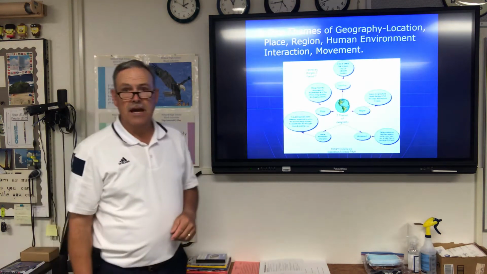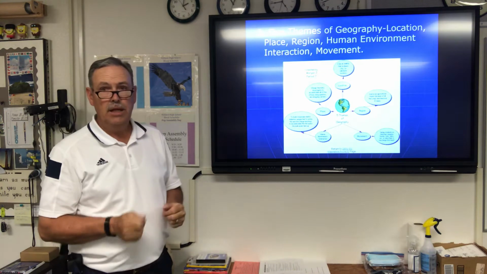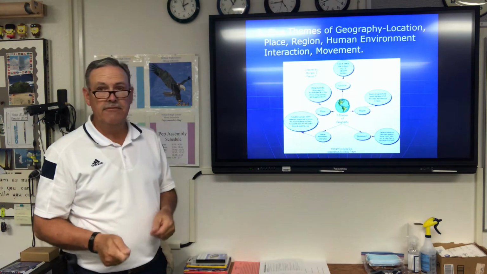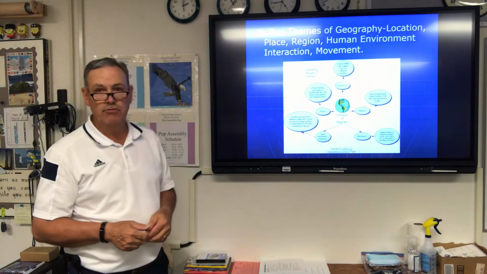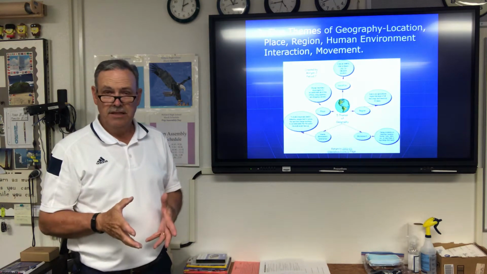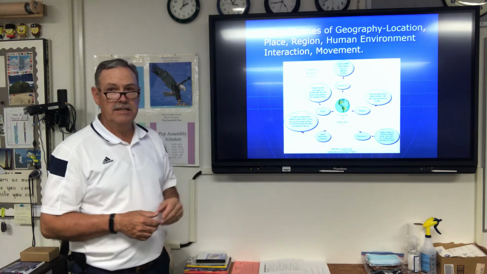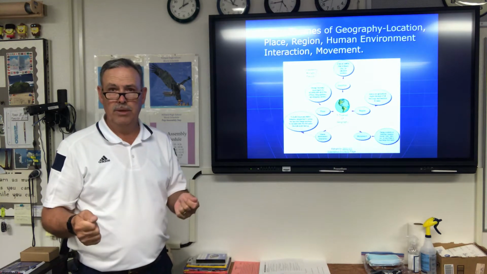We talk about the 5 themes of geography. They are location, place, region, human environment interaction, and movement. I recently showed a video about the 5 themes, and I hadn't really heard this before, but the way to remember this is Mr. Help.